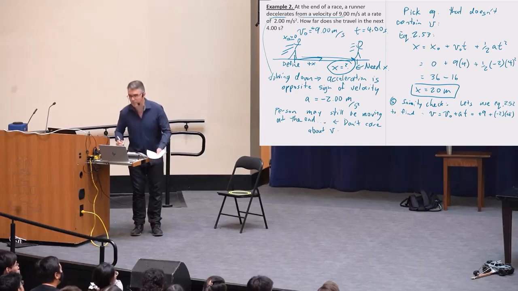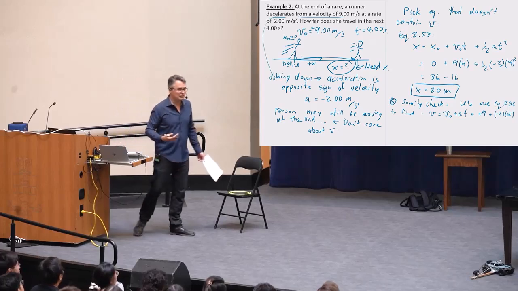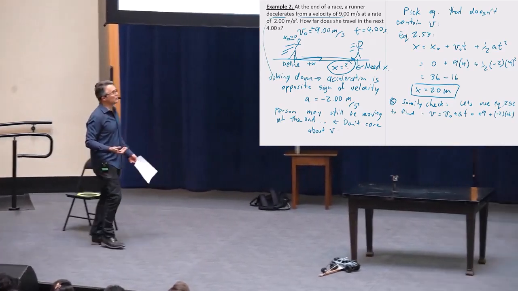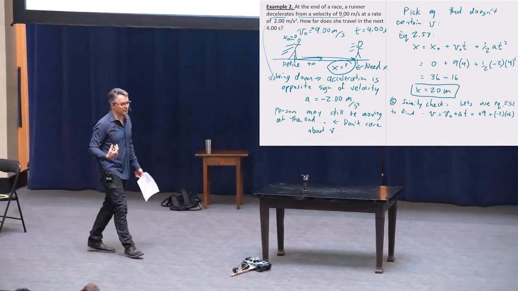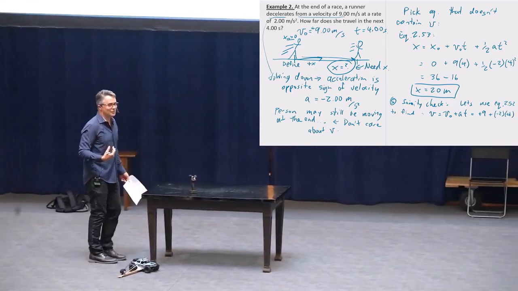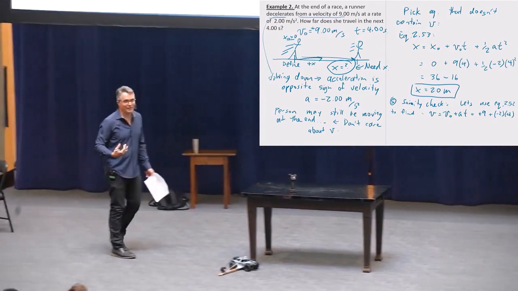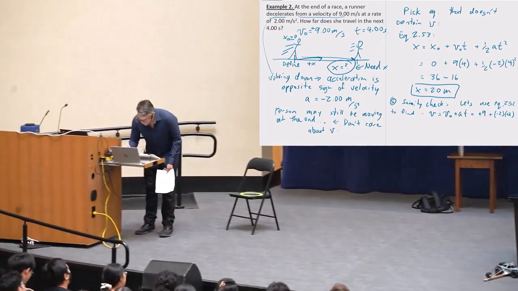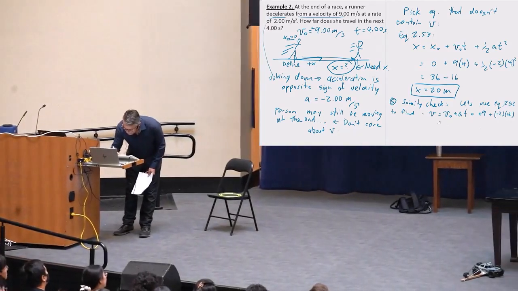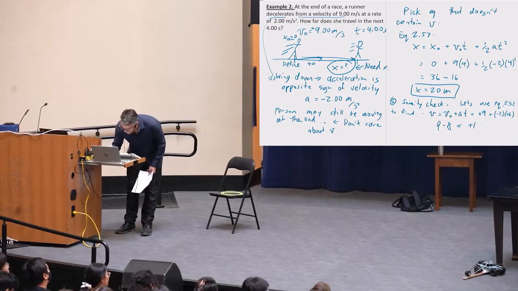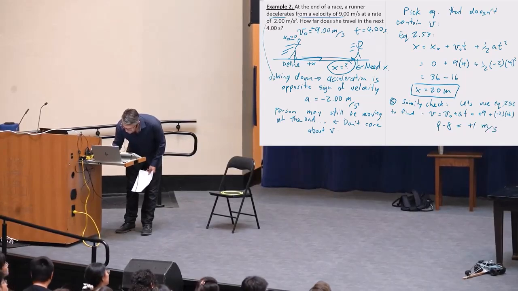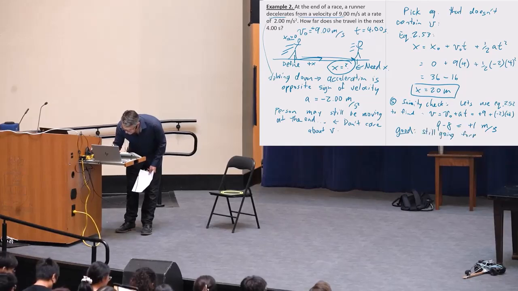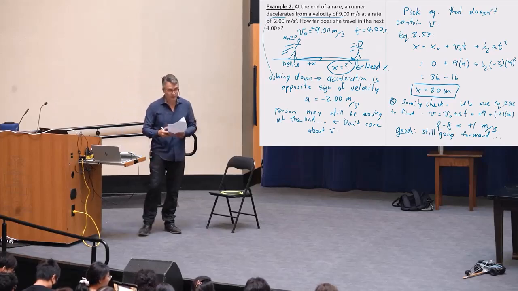I really want that to be positive, because I can't imagine sprinters having constant deceleration anyway, but if they actually slow down, stop, and turn around and go back the other way at constant acceleration, that's totally absurd, right? Luckily it's 9 minus 8 equals plus 1 meter per second. So I would just say, good. Still going forward. If it was negative, I would suspect that the whole question was kind of silly.